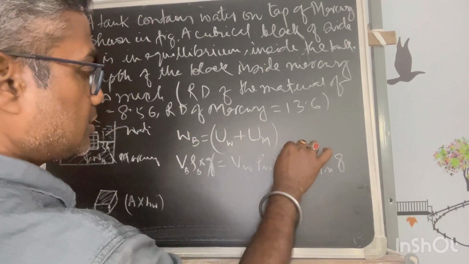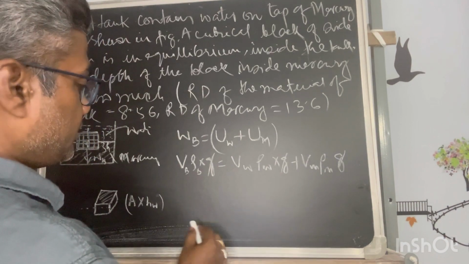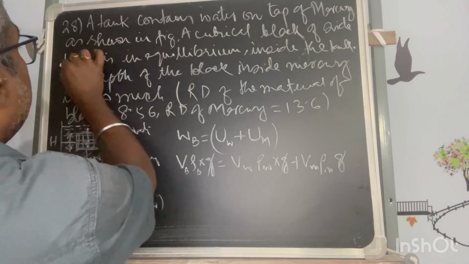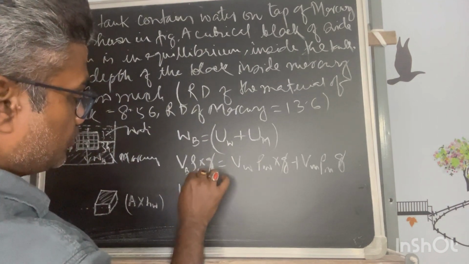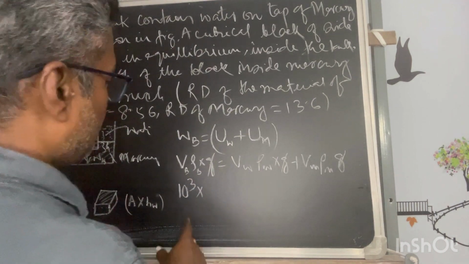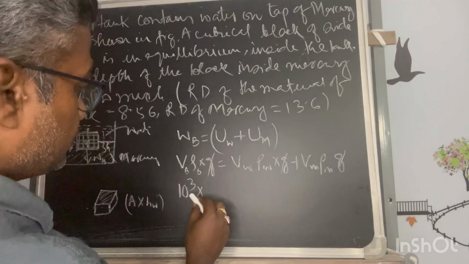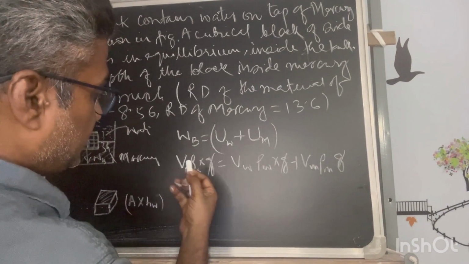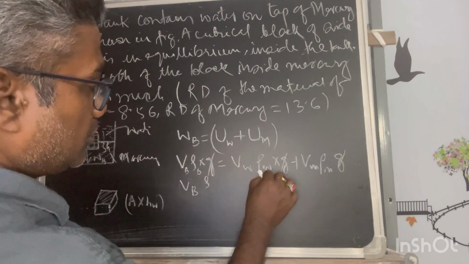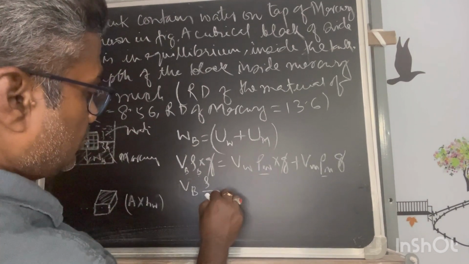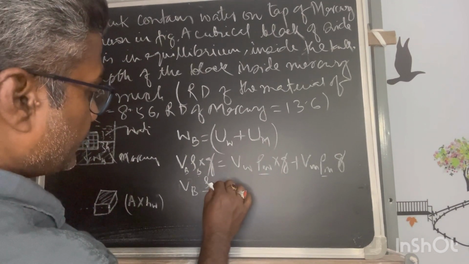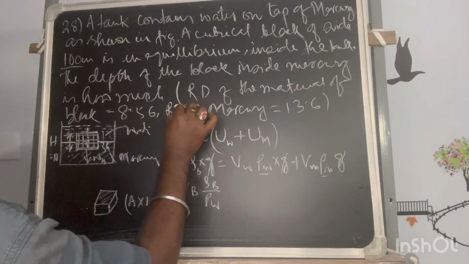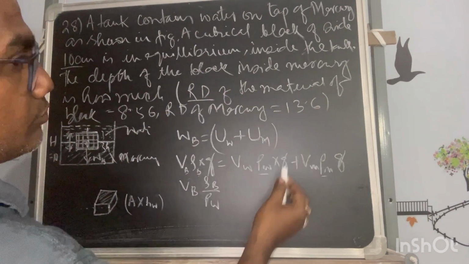Now g is not contributing any difference, so g is cancelled out. The volume of the block is of a cube of side 10 centimeter, so this will be 10 cube into the block density, which we don't know. As the relative density is given, I will divide everything by rho of water, because the relative density is always calculated with respect to water.